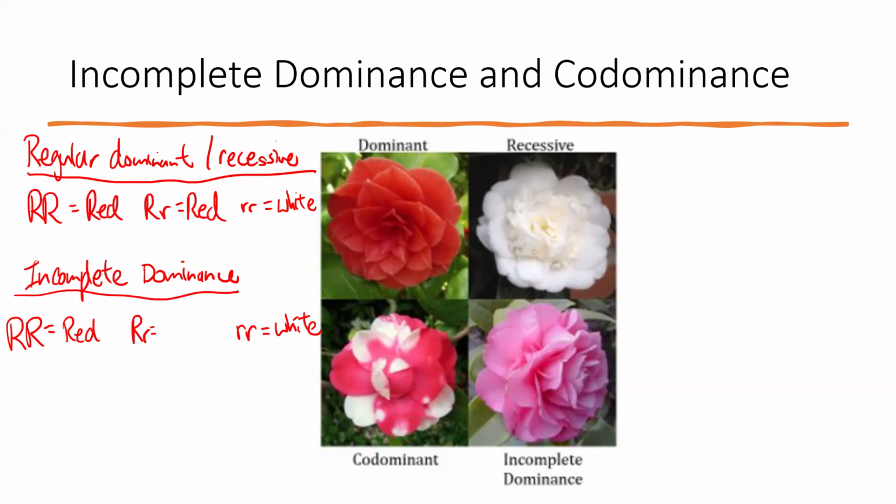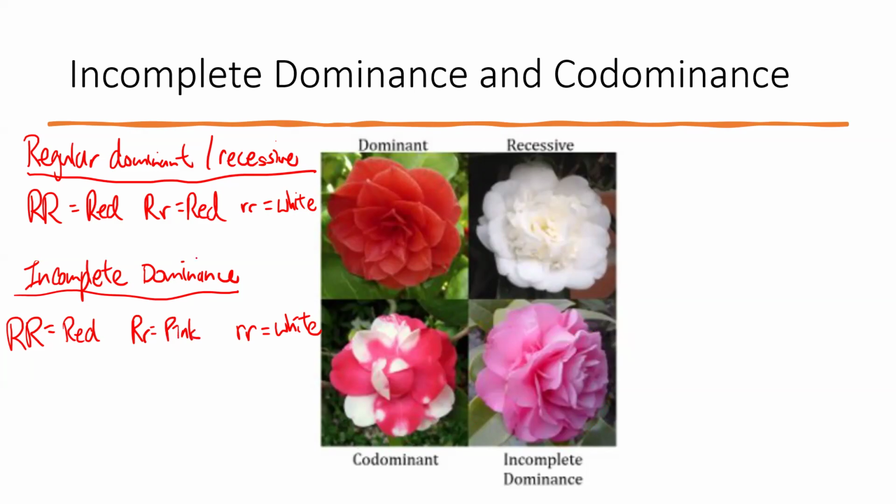In the case of incomplete dominance, listen, please, the alleles are not able to completely override the other one. So the red one does not cover the white completely, and the white does not cover the red completely. And so it's incomplete dominance. They can't cover up the other one. And at the end, the heterozygous condition is a mix of both. So when you mix red and white, what do you get? Pink. And that's what you will have. This is big R, small r, a pink flower.